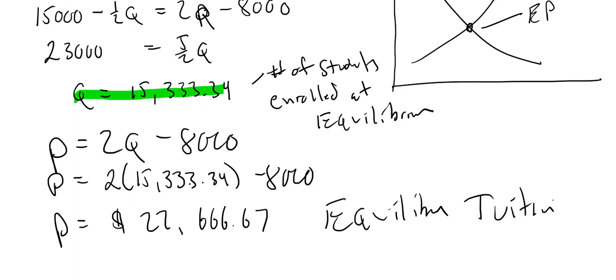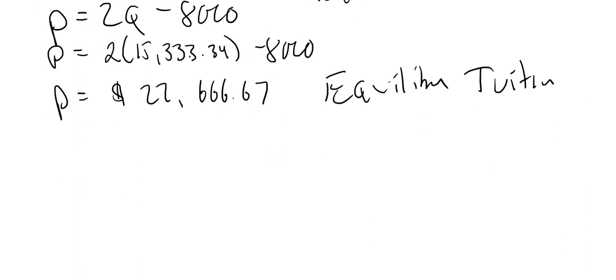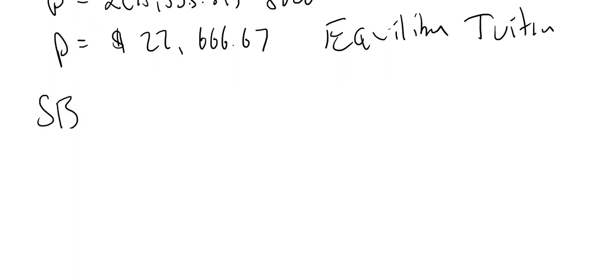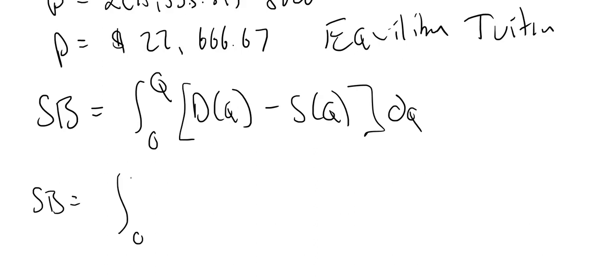or equilibrium price. The third thing that we want to do is find the social benefit of this. Now the social benefit is defined as being the integral from 0 to Q, that would be the equilibrium quantity, of the demand function minus the supply function with reference to Q. So the social benefit will be the integral from 0 to 15,333.34.